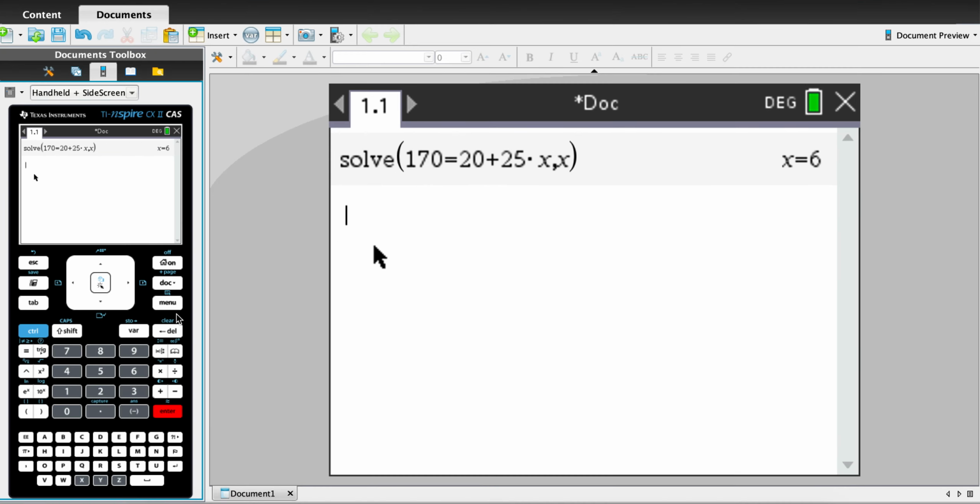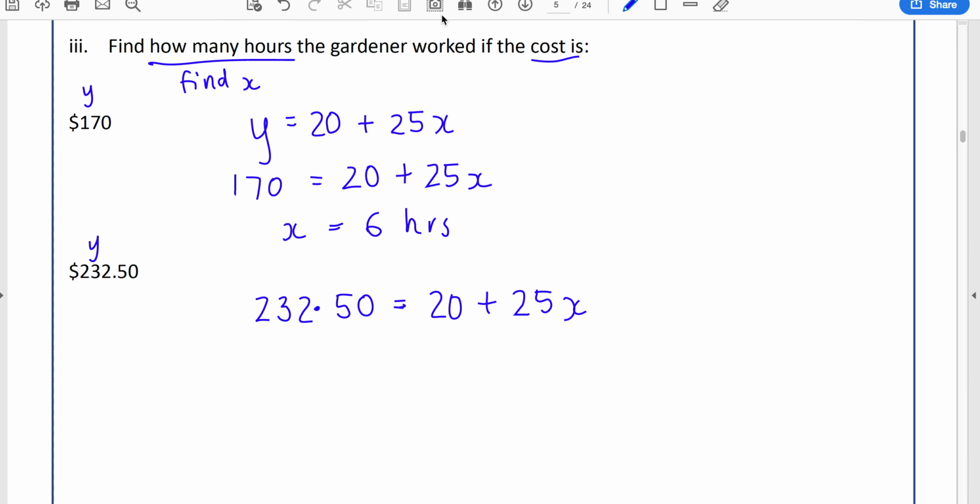So menu 3.1, 232.5. You can put 0.50 if you want. It's not going to change it. 20 plus 25X, and then we'll go comma X. And what do we get? We get 8.5. So X equals 8.5 hours. There we go.